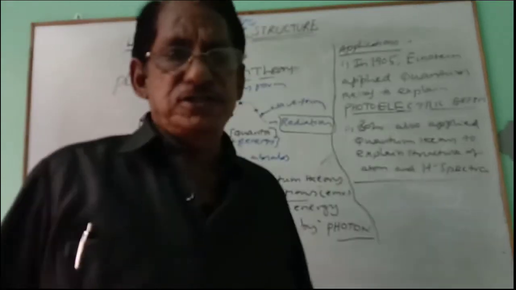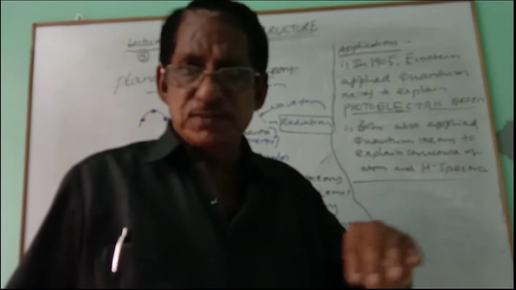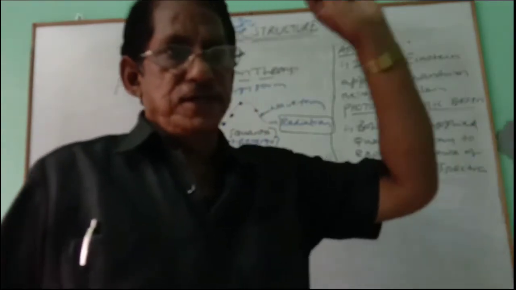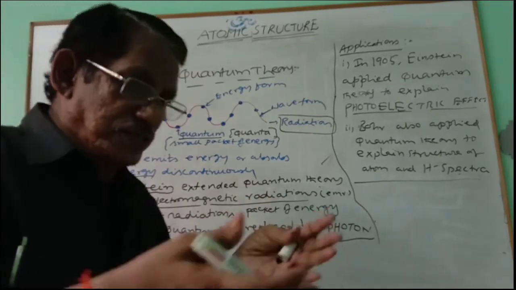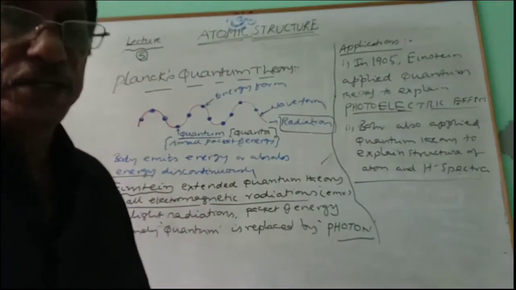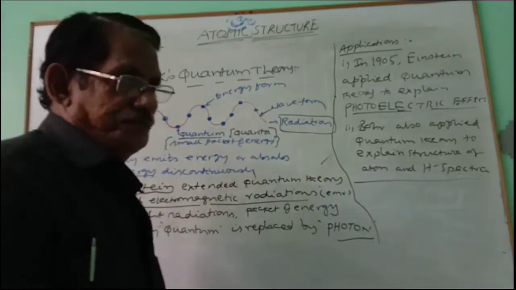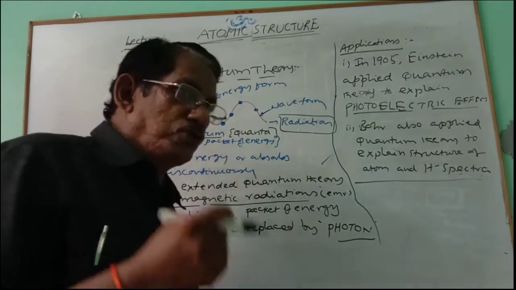Already we discussed the nature of radiation in the form of electric wave as well as magnetic wave, and the propagation of light is in the perpendicular direction to both these. And all those electromagnetic radiations also possess the wave form along with the energy form. The same idea was extended by him to all the electromagnetic radiations. Of course, small changes made.